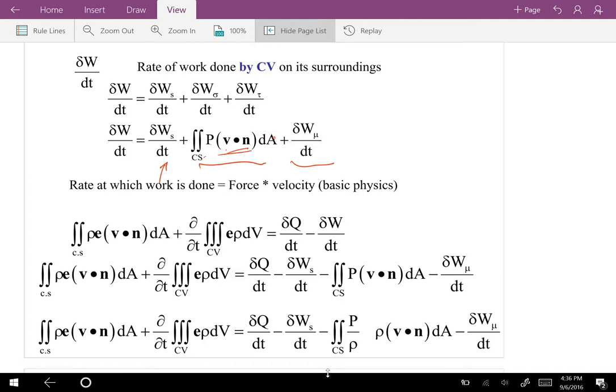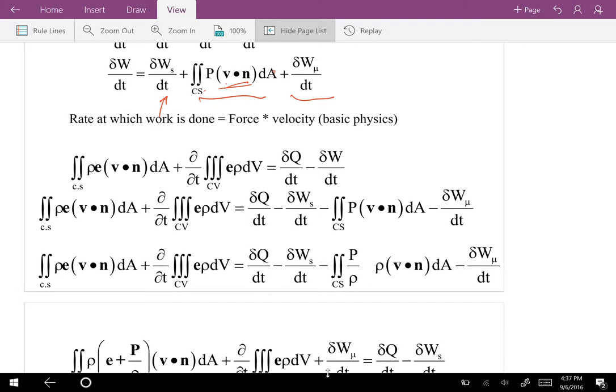As the fluid flows through a small area dA, you integrate it over the full control surface, you're going to get the total flow work. And again, V dot n has a -1 at the inlet and +1 at the exit. So that takes care of whether the fluid is coming in, when the surroundings do work on the system, while when the fluid is going out, it's the system that does work on the surroundings. So the V dot n takes care of that.